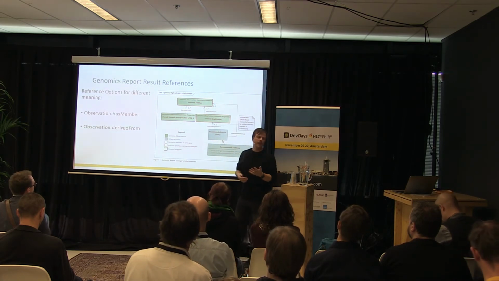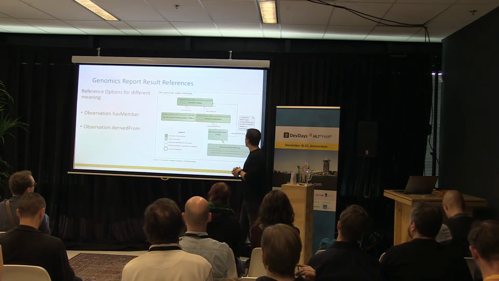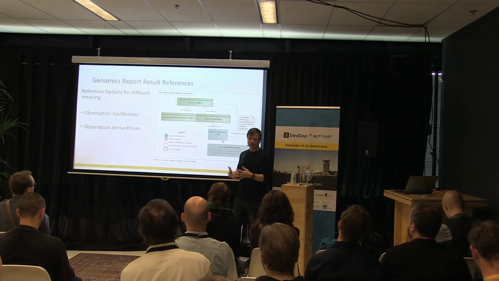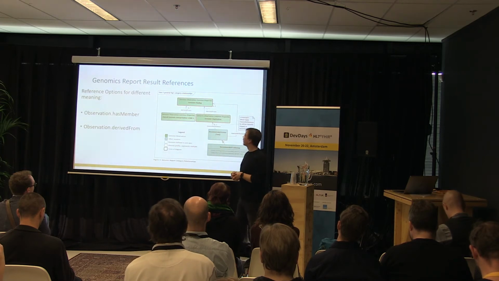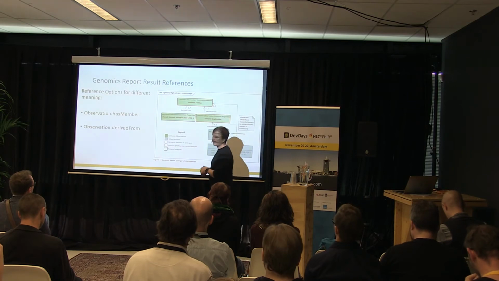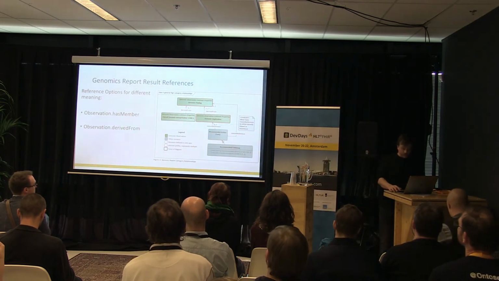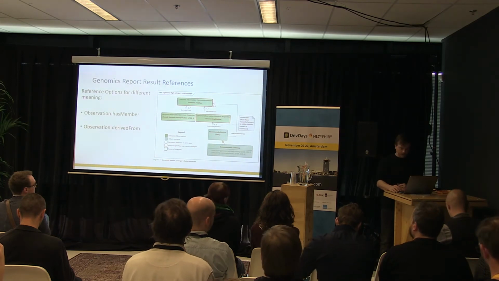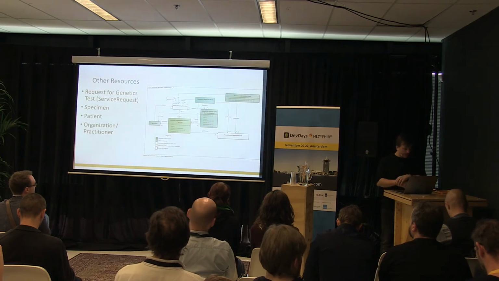This is really the thing where you are capturing the recommended treatment for the patient. And also some recommended follow-up if you think this patient needs a follow-up visit or some diagnostics, you can express it here. Yeah, so the linkage is done through observation has member or observation derived from, depending on the direction or the meaning of the connection between the different resources.